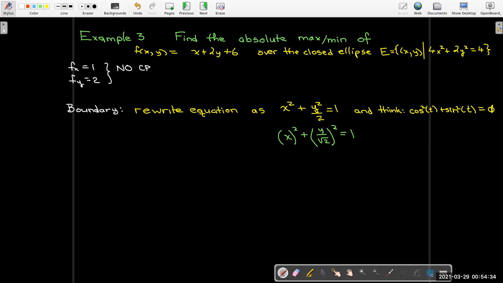The way I've written this, it would say x squared plus quantity y over radical 2 squared equals 1. So the natural thing would be to say x should be cosine of t, and y over radical 2 should be sine t.